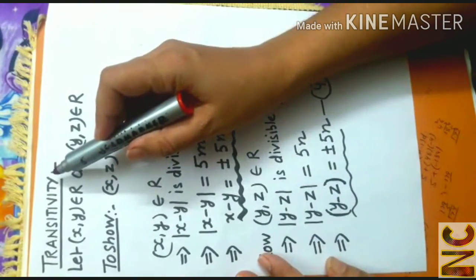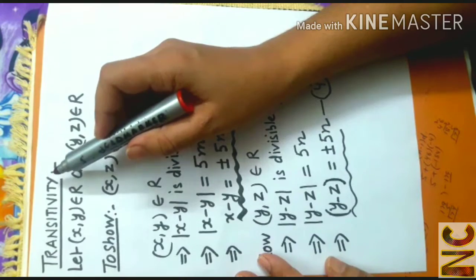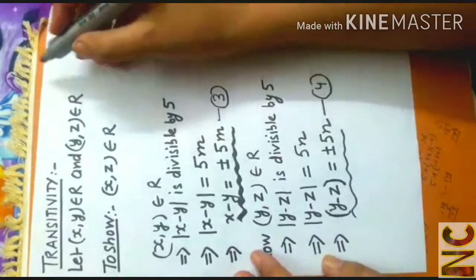Now we have to show that relation R is transitive.